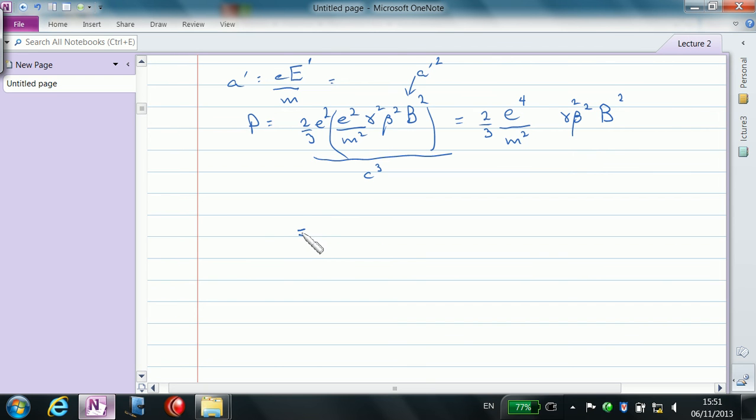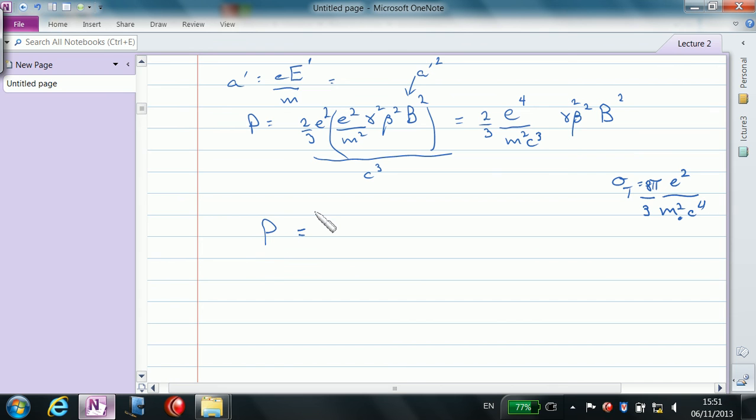Now, what can we do with this? Well, we know that sigma Thomson is e to the fourth over m squared c to the fourth times 8 pi over 3. Is it 8 pi over 3 or just 8 pi? It's 8 pi over 3.